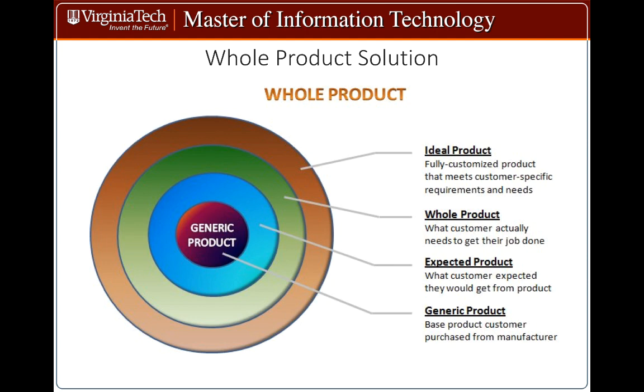And so that expected product adds a layer of value, a layer of utility around just the specific features and functions that are built into the product. But that whole product solution, to connect some of these ideas together, is what the customer actually needs to get their job done. Whether they're aware of it or not, the product itself is designed to critically resolve that job to be done framework that we've highlighted.